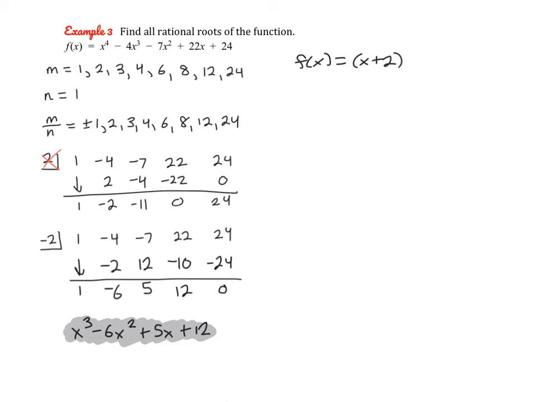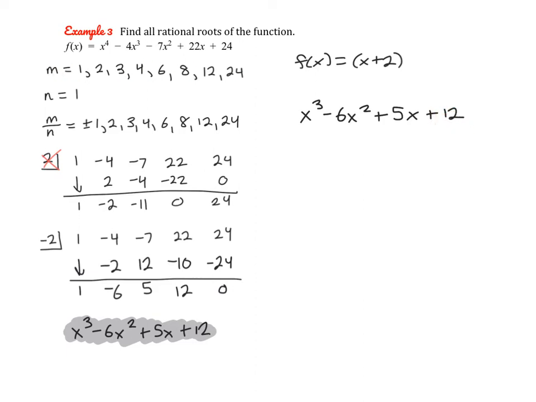So I'm going to rewrite this up here. So here's what we're working with now. We have x cubed minus 6x squared plus 5x plus 12. So when we use the rational zero theorem again to find a new starting point, we want to start with all of the factors of our constant, which is 12.